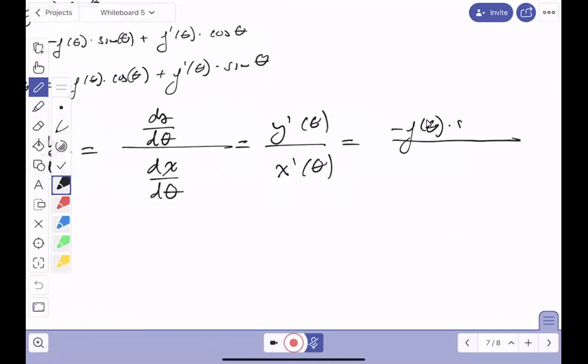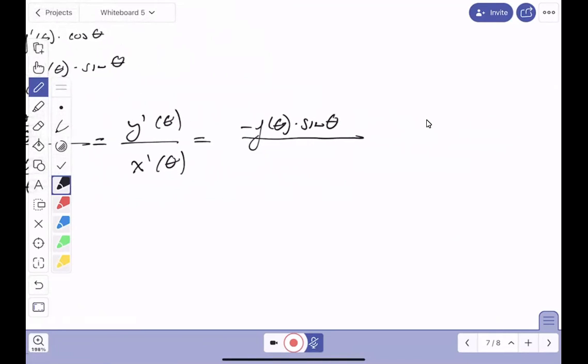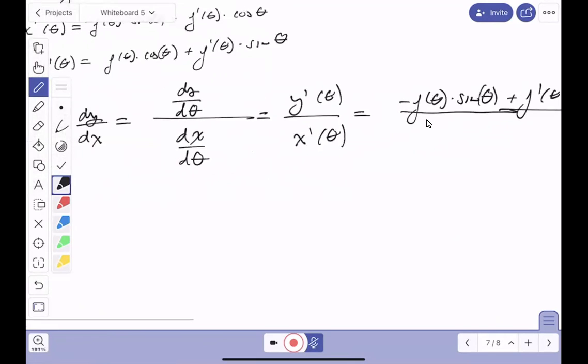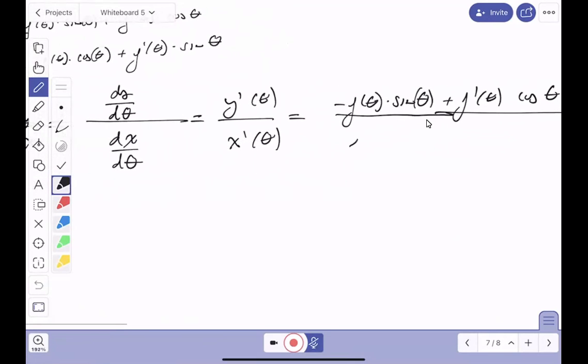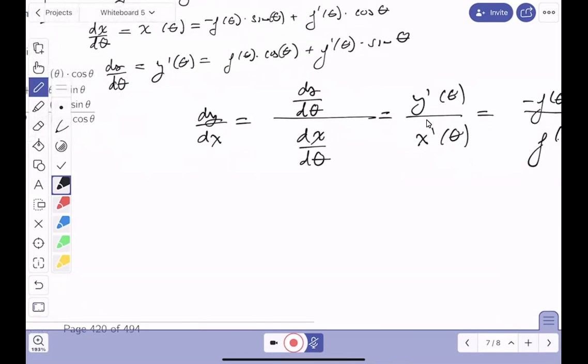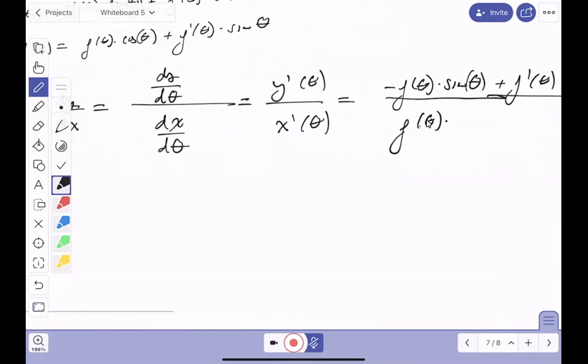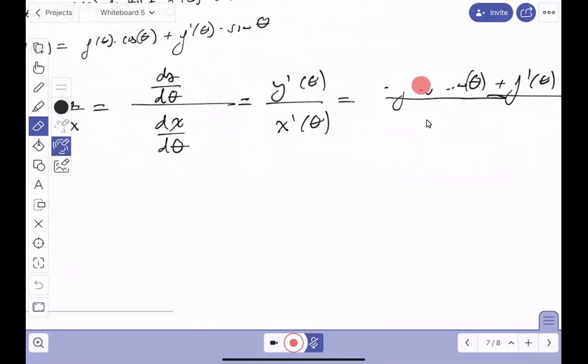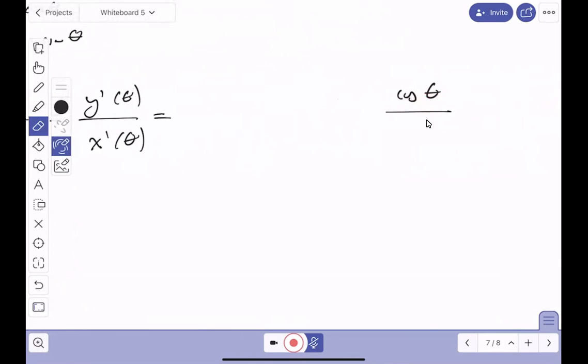Sine theta plus f prime times cosine theta. Now what goes on bottom? F of theta times cosine theta. Make sure I'm doing this right. Oh, you know what? I'm doing it backwards. I'm sorry. I'm looking at something and I got it backwards. I got to pay attention here. Gotta erase this over here. Sorry about that.